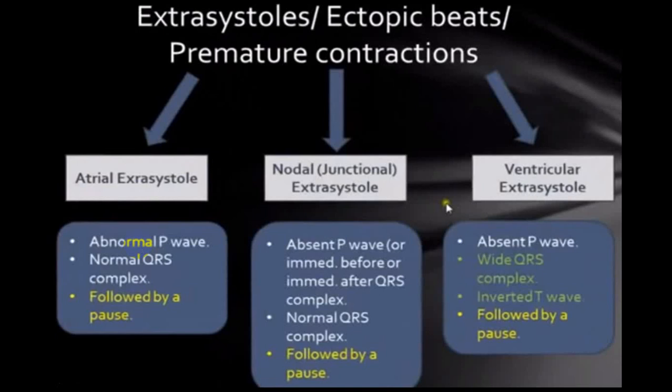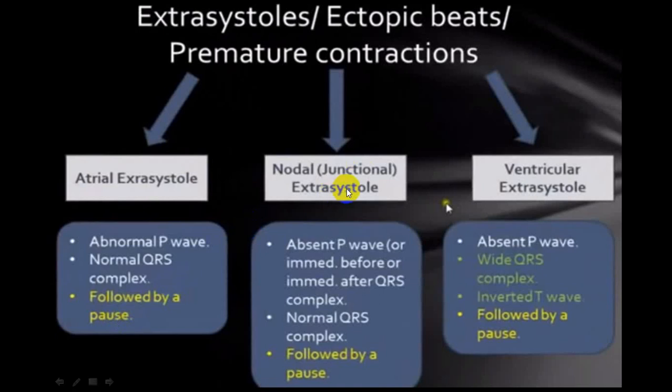Maybe of an abnormal shape, maybe inverted, maybe biphasic, maybe abnormal in amplitude. But it will be a little early, so we call that premature. And that QRS complex is followed by a pause, which is not exactly the compensatory pause. It is a little less than that. So we always use the word non-compensatory pause.